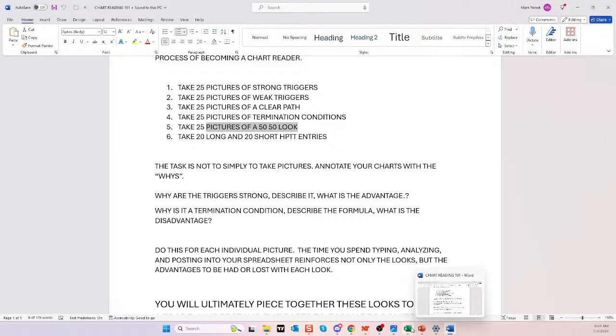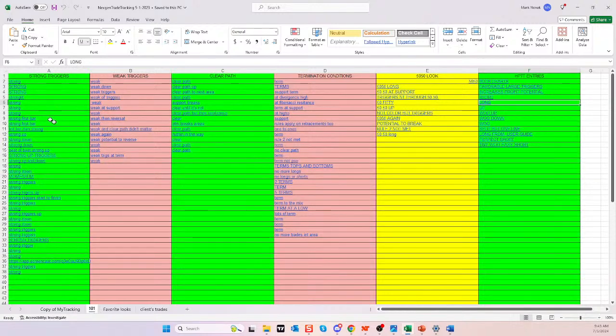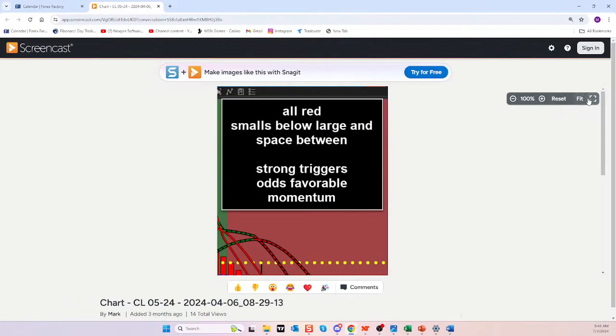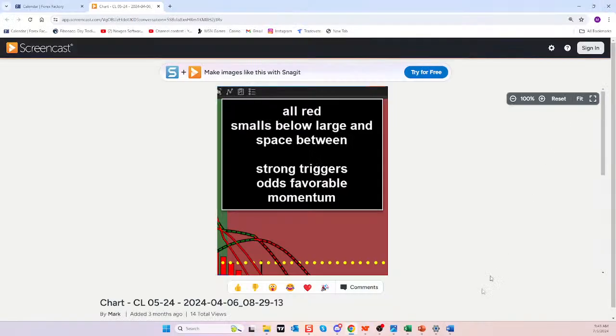And guys, this is what the spreadsheet that I give you, there's a 101 section. And when you talk about strong triggers, when you take that picture, if you take 25 pictures and it says smalls below the large, all of them are red, there's space between, this is strong triggers, this is odds favorable momentum, guys, you're never going to miss that look. You're always going to know when you have momentum.